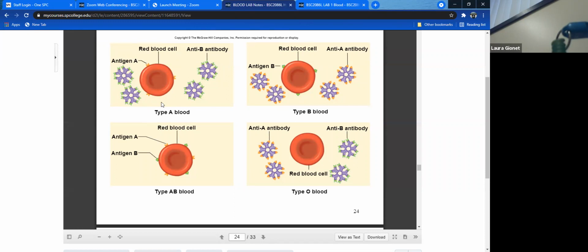Then you get another sample and you take some B antibodies in solution and put it in that blood and look for the same thing. You have to mix it up, give it a minute. Does it clump? Oh, it clumps too. Then I must have B antigens on that red blood cell surface also, because B antibodies only bind to B antigens.